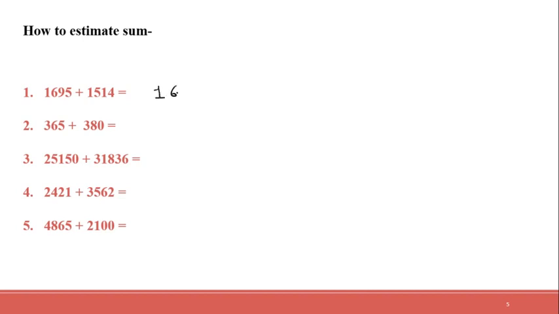So, this 1695 plus 1514. This will round off to the nearest 100 and will become 1700, right? And this will become 1500. So if I add this, what will it become?